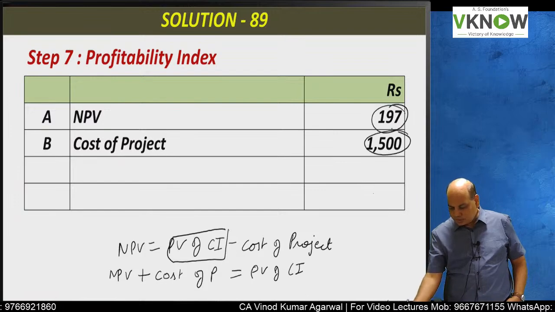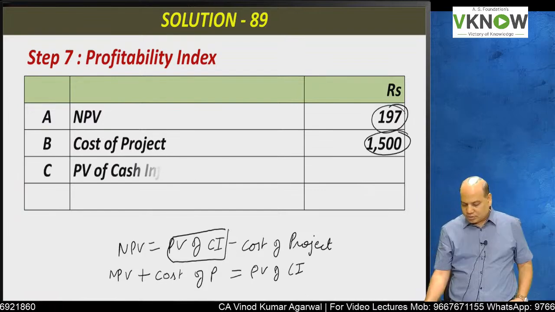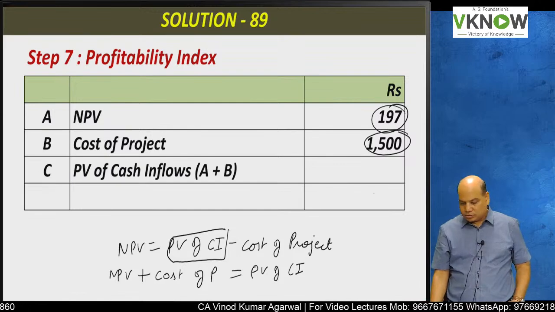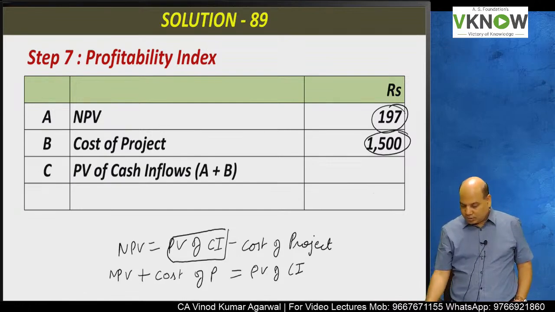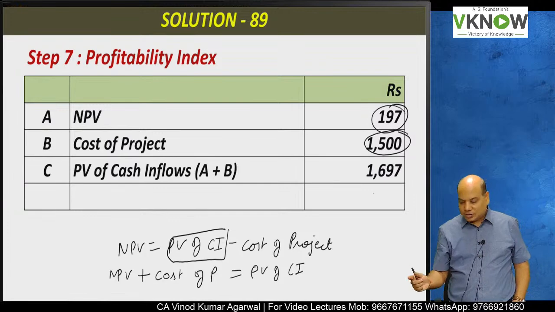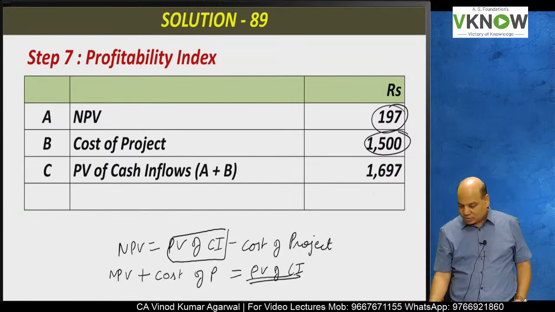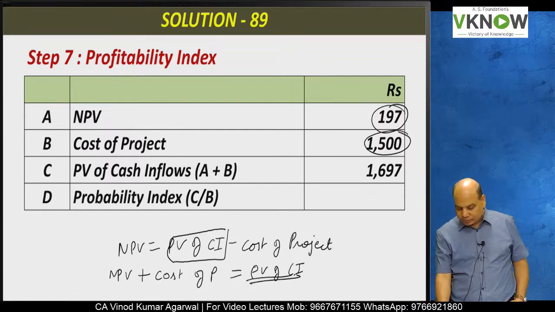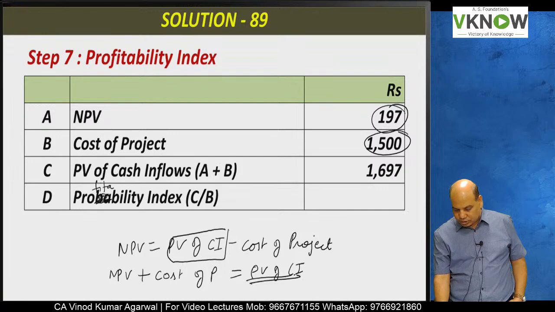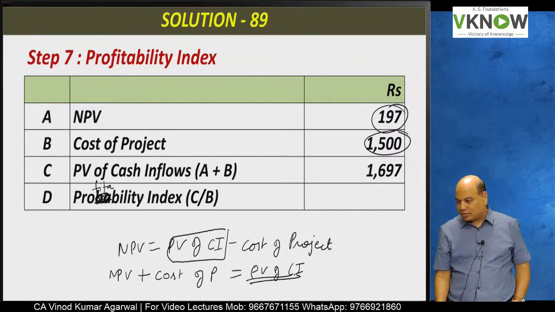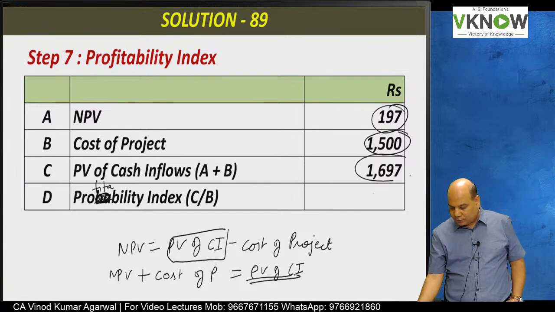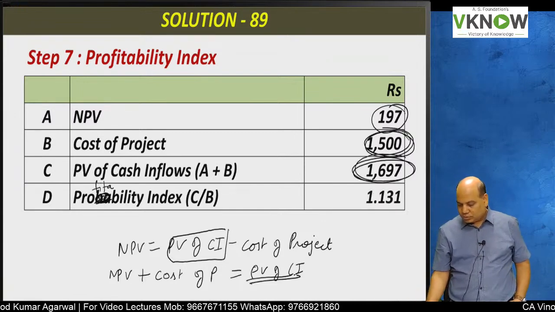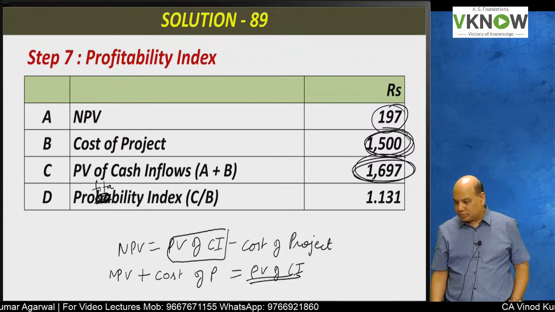So PV of cash inflow will be 1697 and therefore profitability index will be inflow divided by outflow, 1.131.